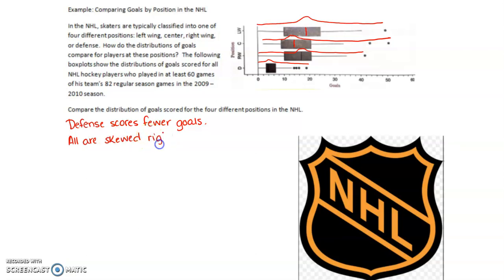An easy way to do this is to go shape, outliers, center, spread, socks. So shape, they're all skewed right. Outliers, they all have outliers.